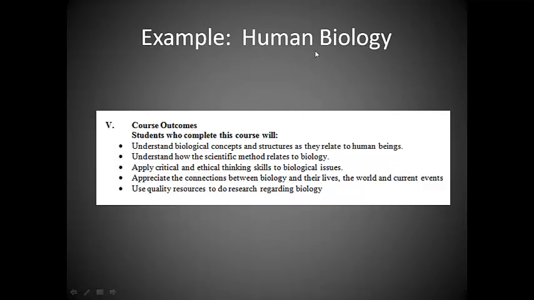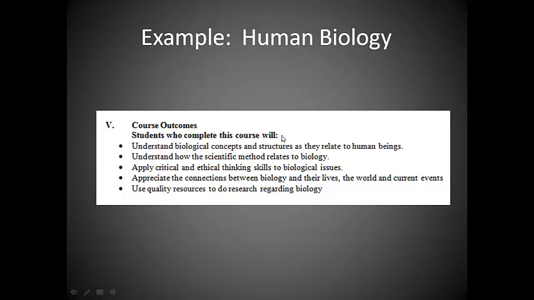In human biology, before this, we had like 50 course outcomes. But what we did is we looked at our program outcomes for the biology department, and we determined which of those we felt were important for this course, and then we worded them in a way to apply to the human biology course. So we're now down to 5 course outcomes as opposed to 50.